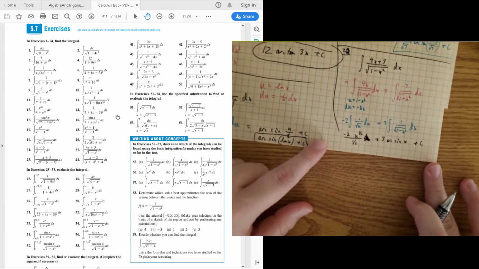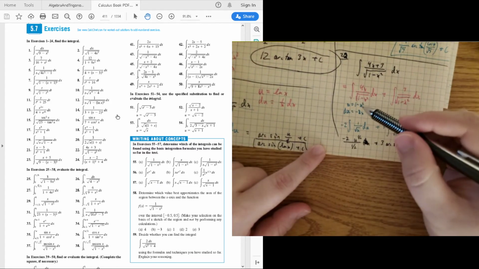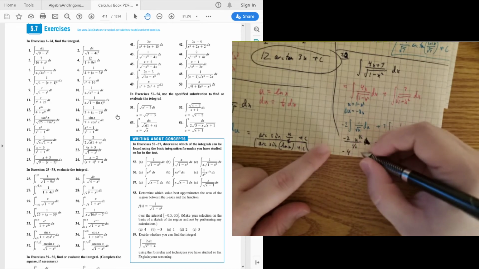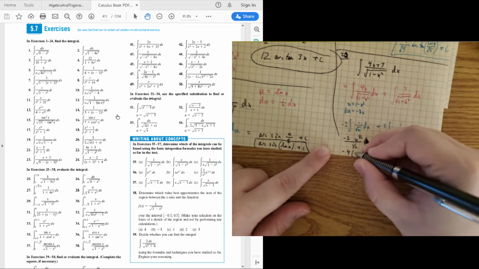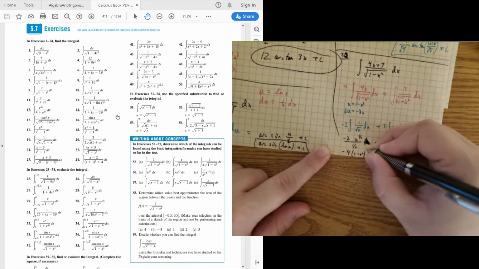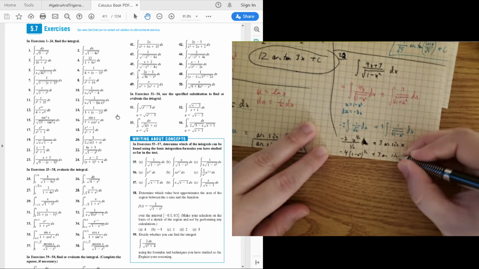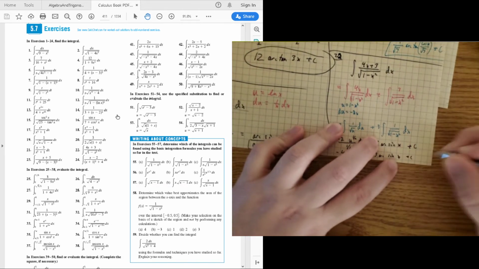And now everywhere there used to be a u, I can replace it back with 1 minus x squared. This becomes negative 4 times 1 minus x squared to the 1/2 power plus 3 arc sine of x plus c.